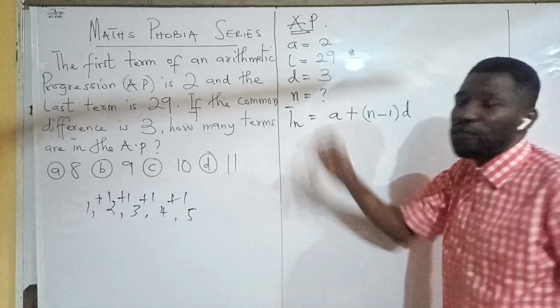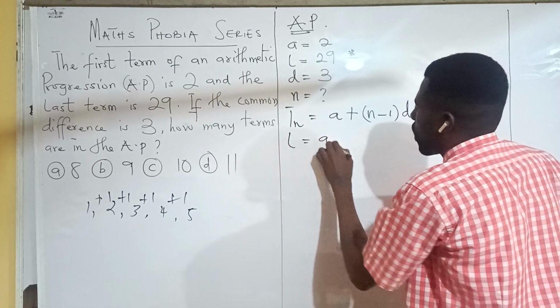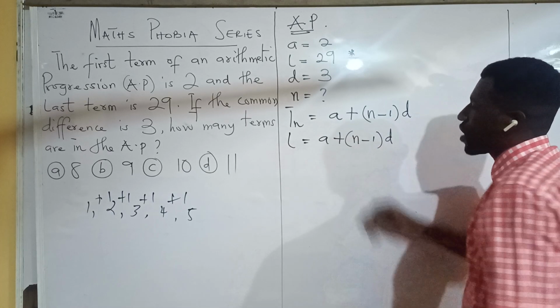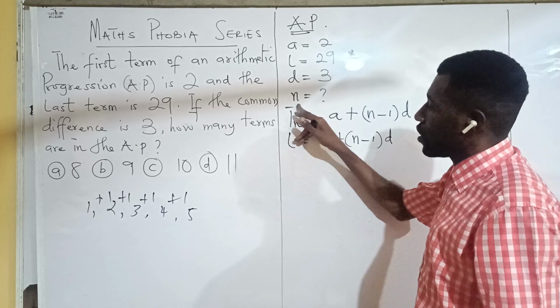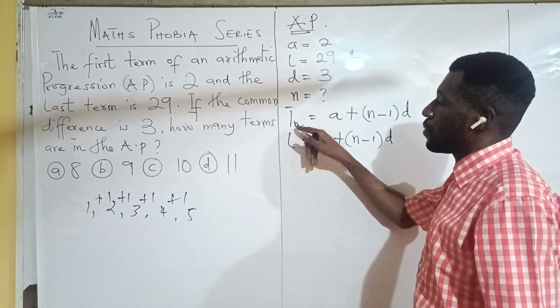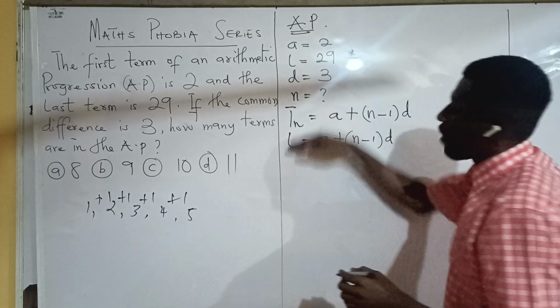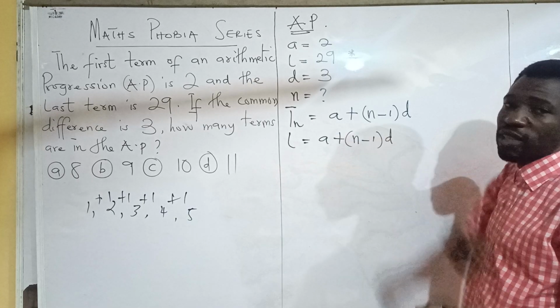So this formula can be modified in such a question as L equals A plus n minus 1 times D. Tn, the nth term, is taking the place of the last term. Let's fix in our values into the formula and get our value for n, the number of terms in the AP.